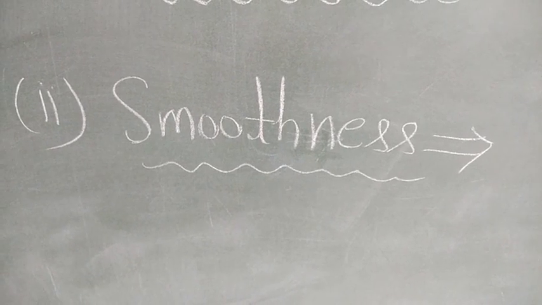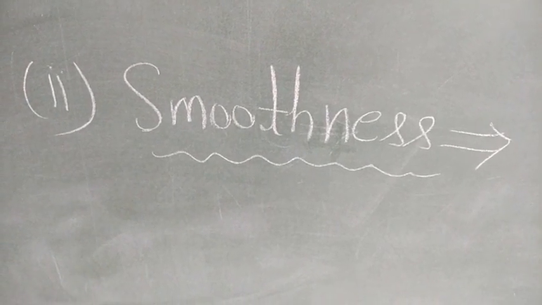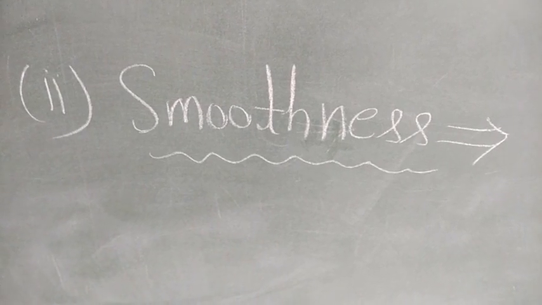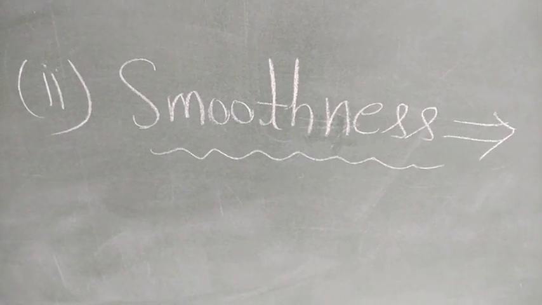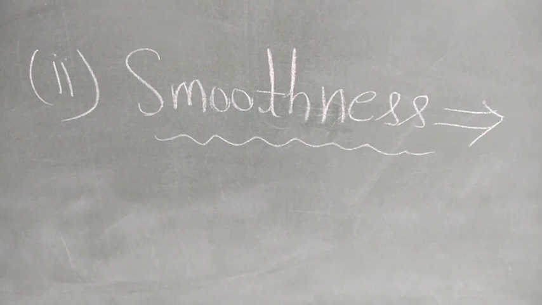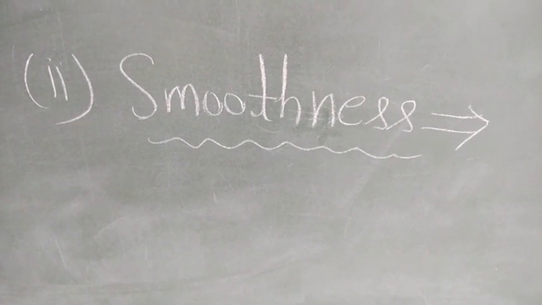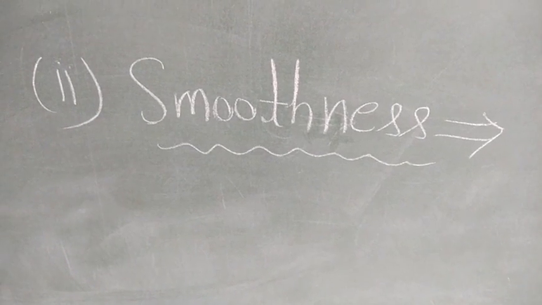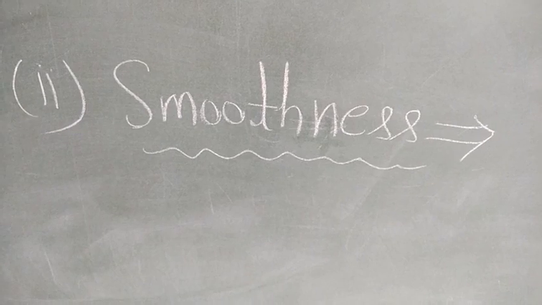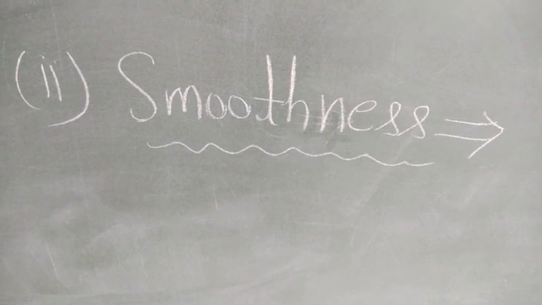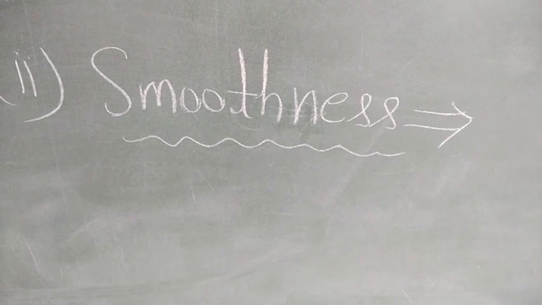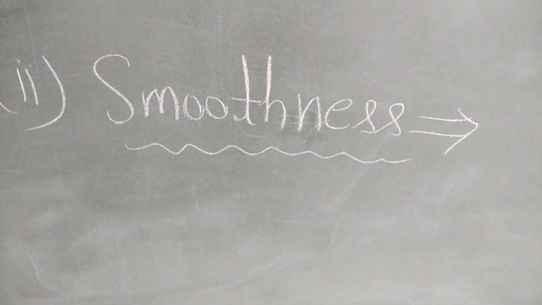Smoothness is the second characteristic of appearance. Different types of objects have smoothness. Like, if we move our hand over the surface of a clean window pane, we feel smoothness because the surface of the window pane is smooth.